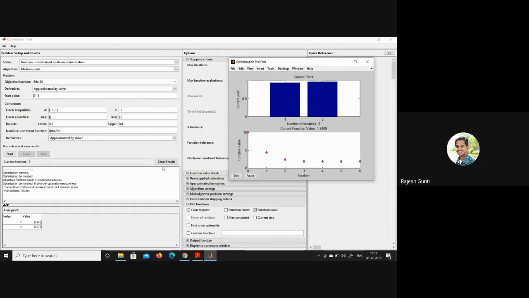After 6 iterations, we reach the optimization value. After 6 iterations, we got the solution. This is our solution, 1.84, 1.8487 like this.